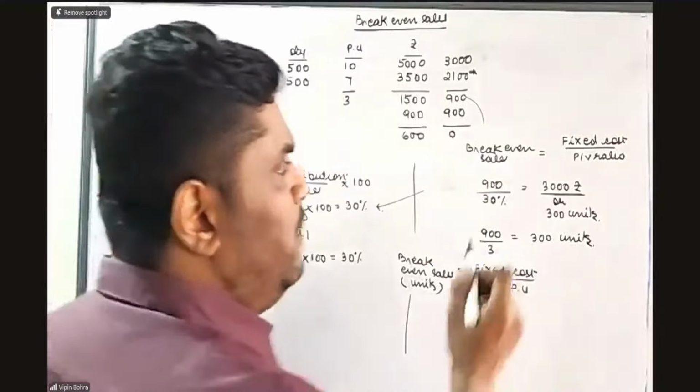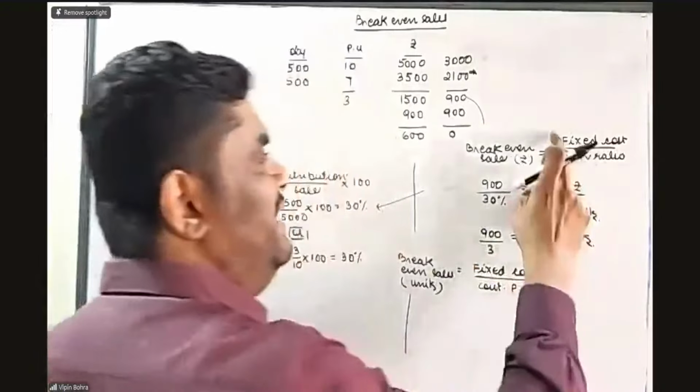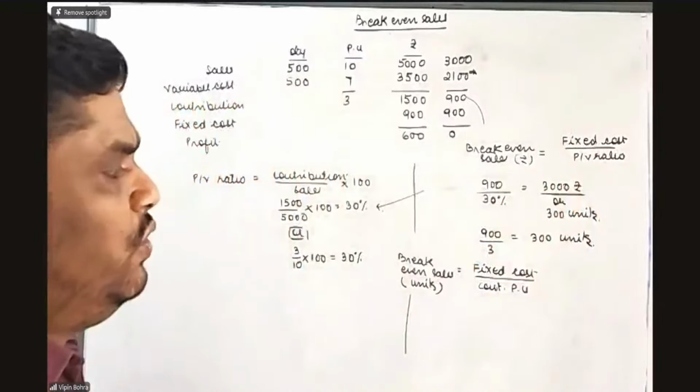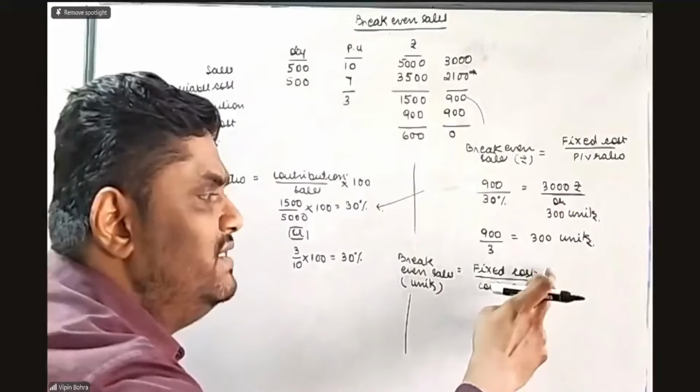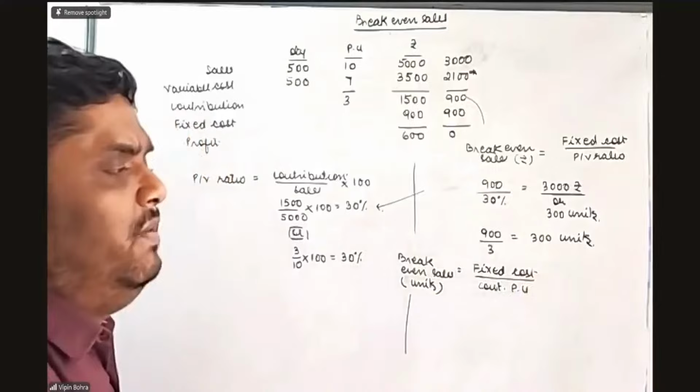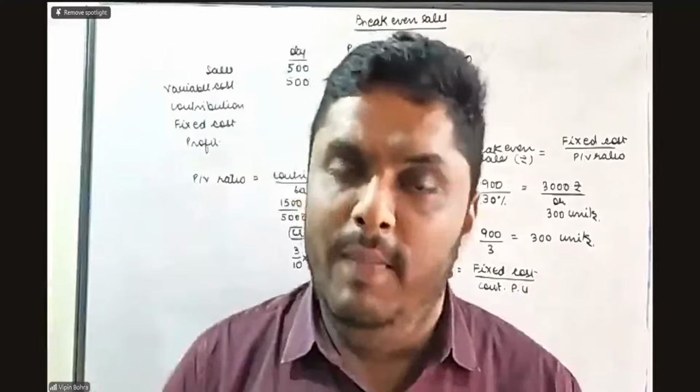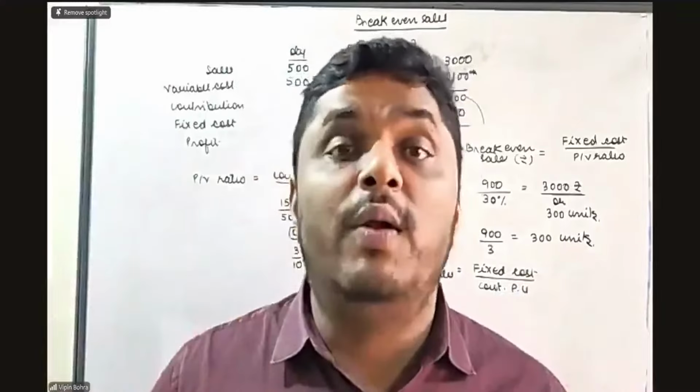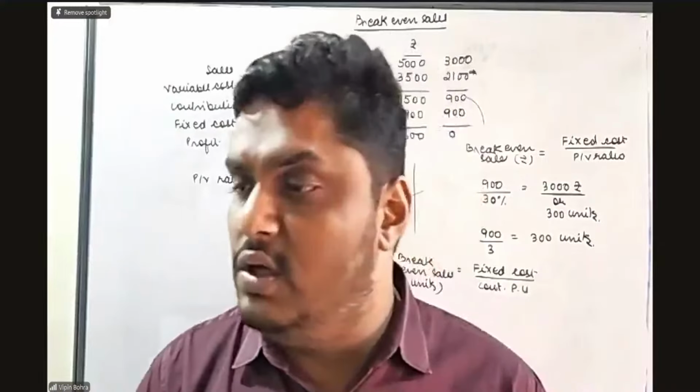So if you want to calculate break-even sales in rupees, it is fixed cost divided by PV ratio. If you want to calculate break-even sales in units, it is fixed cost divided by contribution per unit. But again, there are no formulas in marginal costing. I have discussed all the concepts.